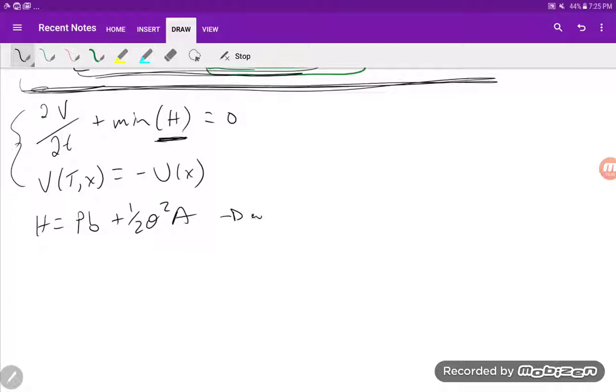With p equal to the first partial derivative of our function with respect to our spatial variable x, and A is just the second partial.